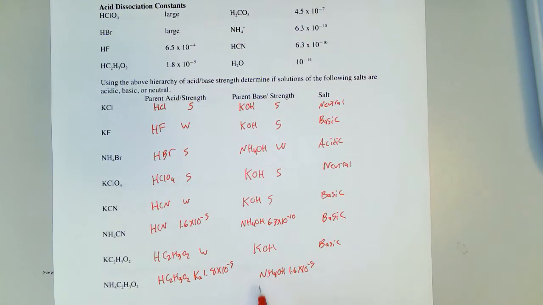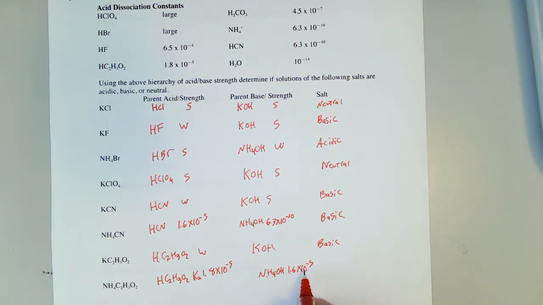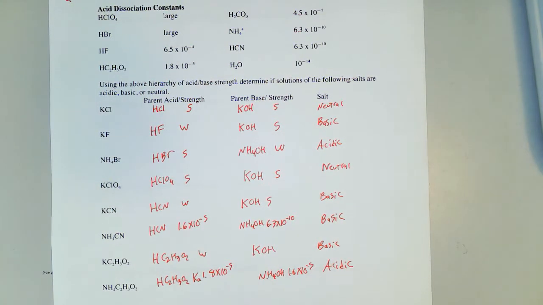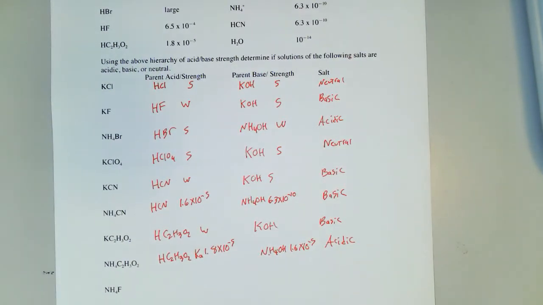Now, those are awfully close together, aren't they? So basically it's neutral, but we'll call it acidic because the Ka is just slightly larger than the Kb.